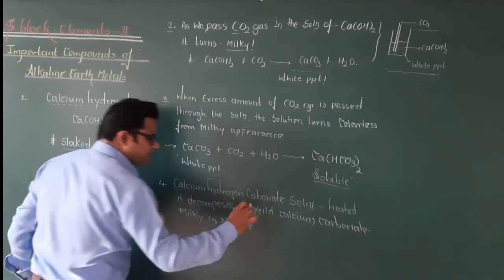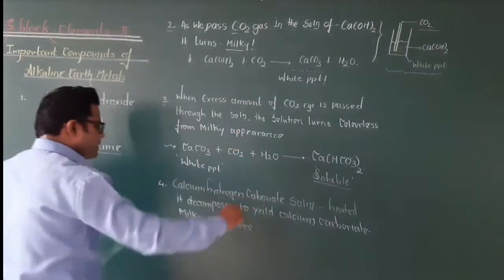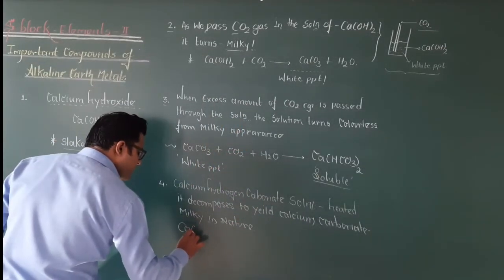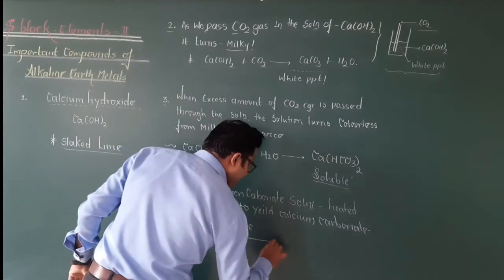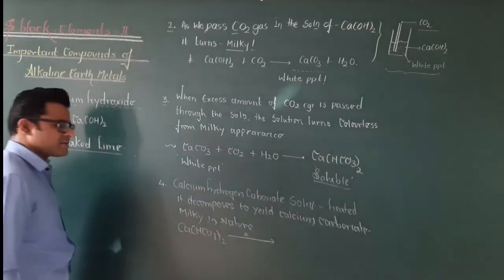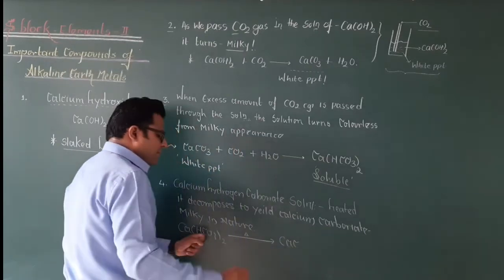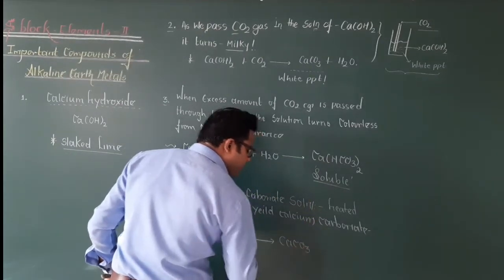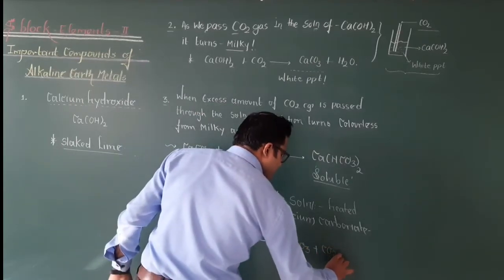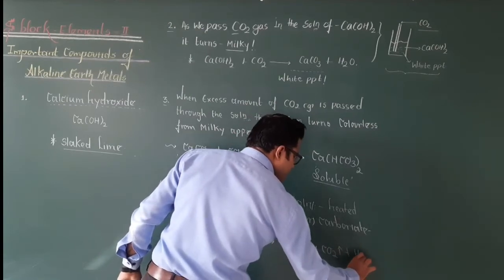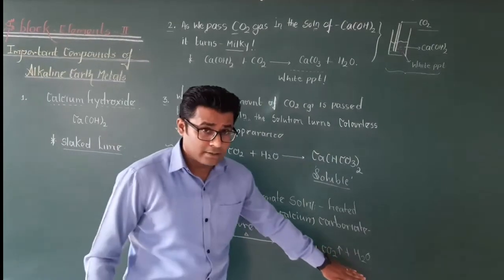That means the solution turns milky again. So as we observe this calcium hydrogen carbonate, when we heat it, it changes into calcium carbonate. Along with this, there is an elimination of carbon dioxide plus water molecule. So this is how the reaction occurs.